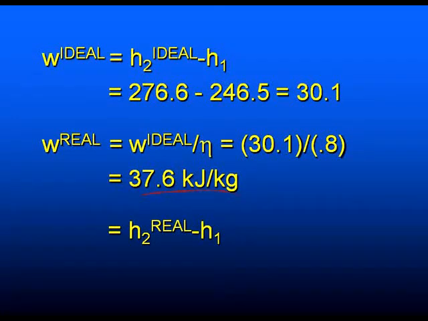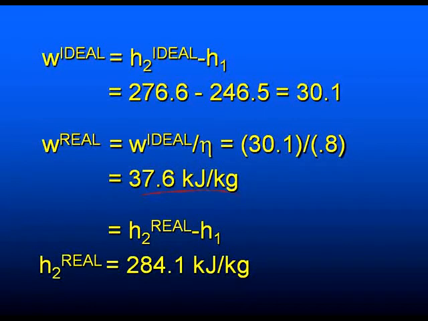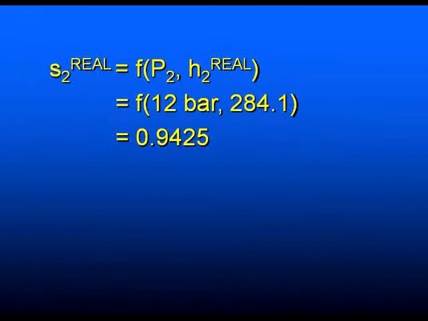Plug that back into the energy balance. By now this should be getting fairly familiar. We find the actual enthalpy is 284, because you added more work, and since you added more work, the enthalpy leaving is higher. That work went into friction, which raised the enthalpy up to 284, and of course we expect the temperature to be higher also.